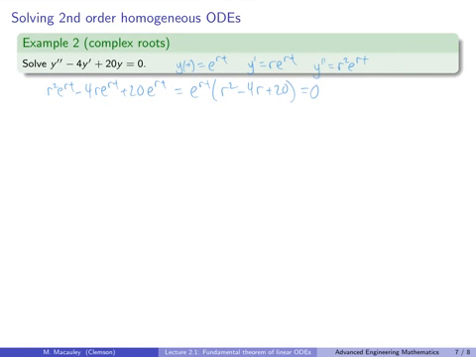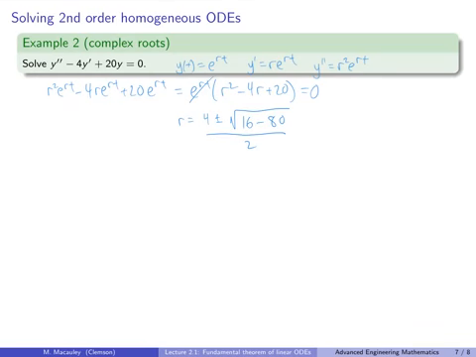Now some of you, if you've done a few of these, will skip right to this step, and that's fine. So let's cancel that. And now, see, that doesn't factor, I don't think. So we have to use the quadratic formula. So r equals minus b, that's 4, plus or minus the square root of b squared, that's 16, minus 4 times a, which is 1, times c, which is 20, which is 80, all over 2a, so that's 2.